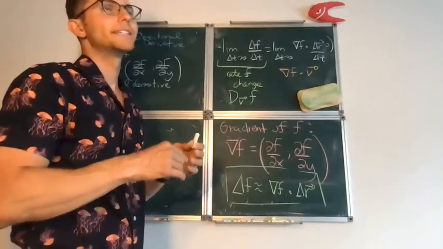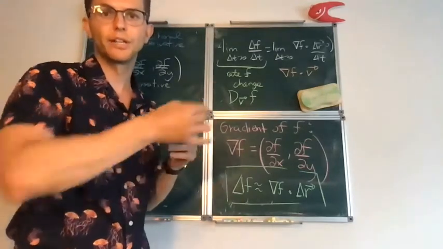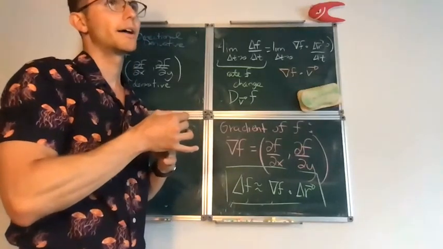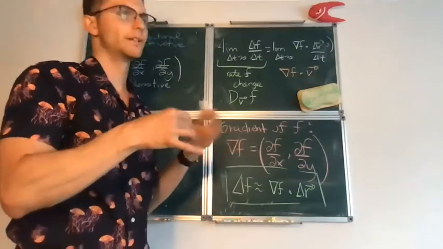so that the rate of change is only due to the direction that you choose and not to the size of the vector. Okay, this is why we work also with unit vectors i and j.